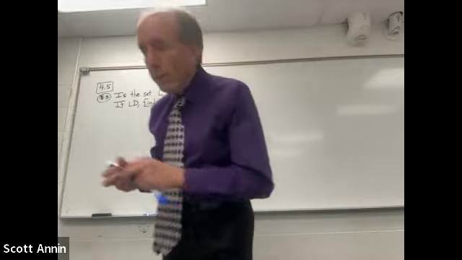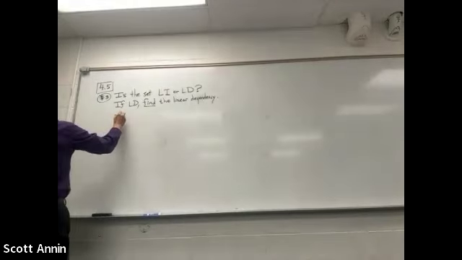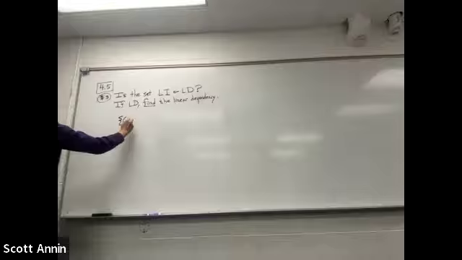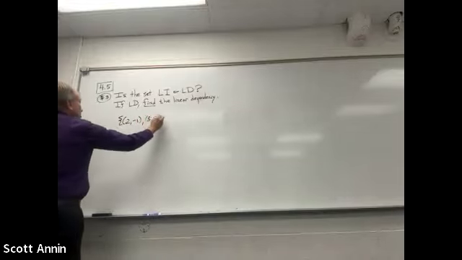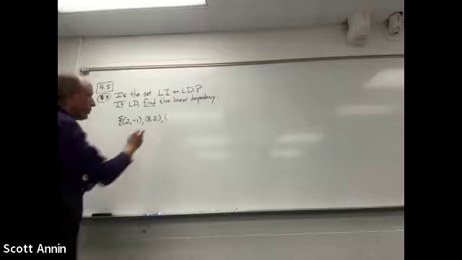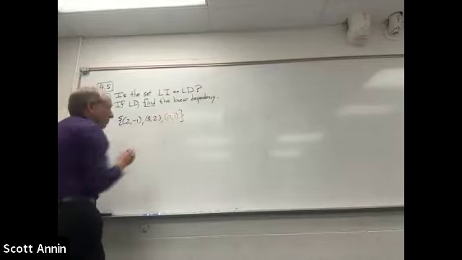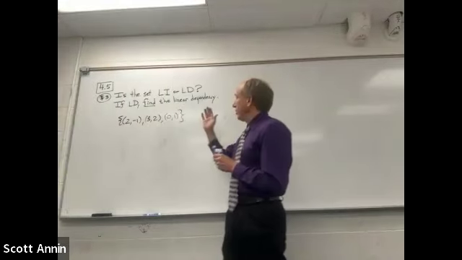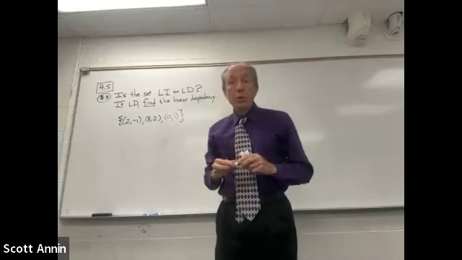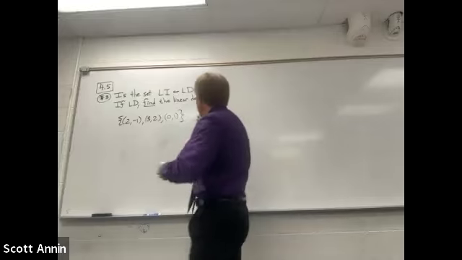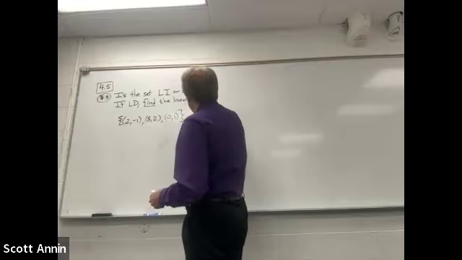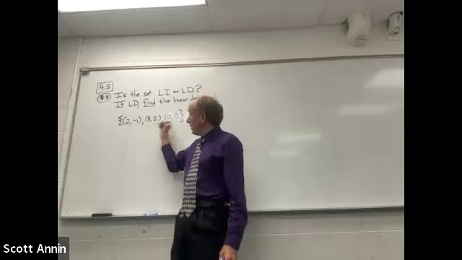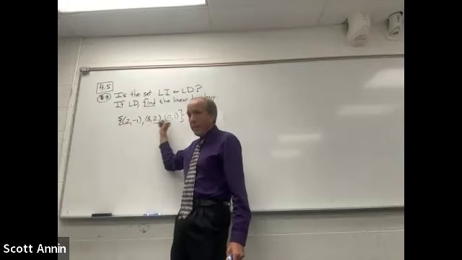Okay, so let's start. On number 3, the set of vectors that they give us consists of the vector (2, -1), and then (3, 2), and then the third vector is (0, 1). Now actually, we already know the answer to whether these vectors are LI or LD before we even take a breath, because the number of vectors in this set is 3, and you can tell what vector space this is referring to just by looking at how the vectors look.